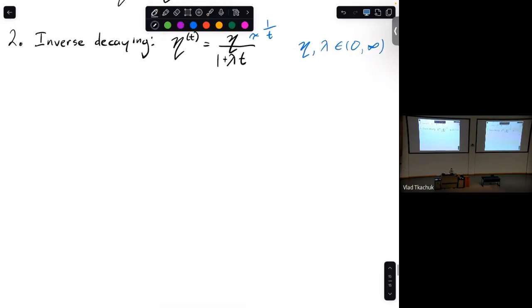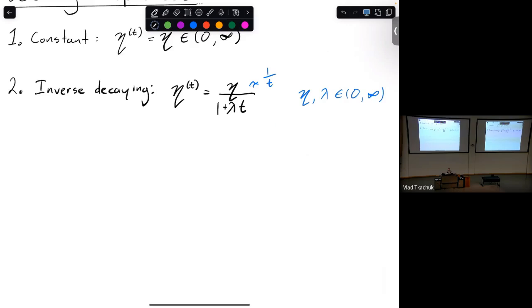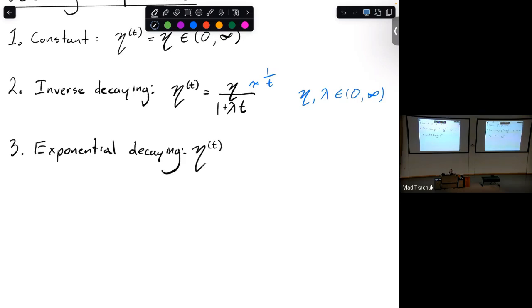Okay, so this is inverse decaying. Sometimes people like a different rate of decay or a different function for decaying, such as an exponential decay. And so that's another choice. So instead of inverse, you use the exponential. And the exponential is, as you would expect, you take a constant, that's your initial rate, and then you multiply it by 1 over an exponential, or an exponential to the negative power.